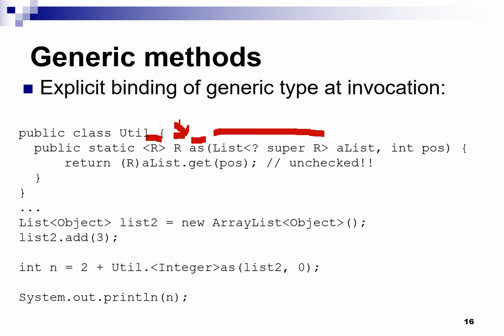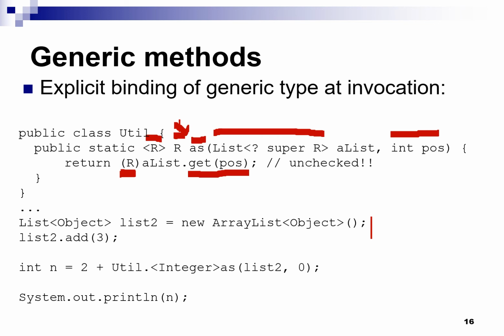And here we have the first parameter is a list of R or any superclass of R, and the second is just an integer that is used to get the element at that position, and here we do a casting. So the list is R or any supertype, and here with this casting we are downcasting to R, so therefore we may get a runtime error.